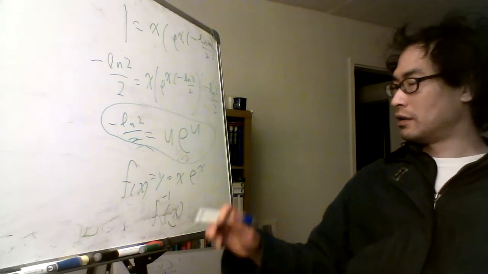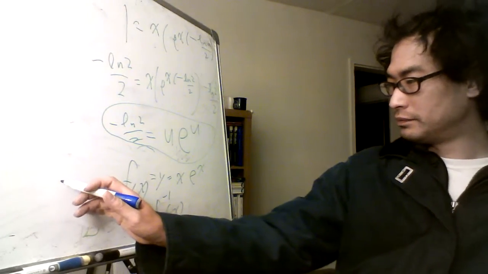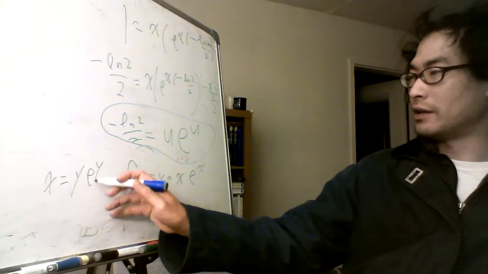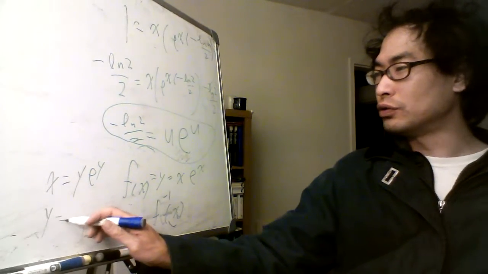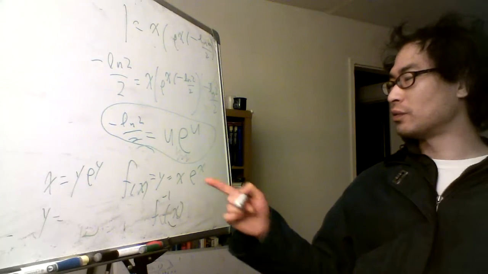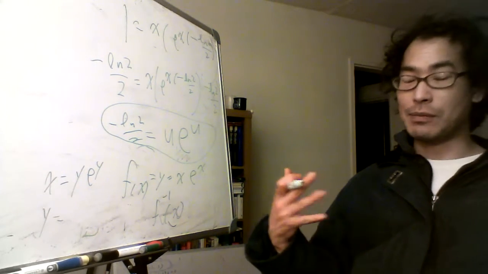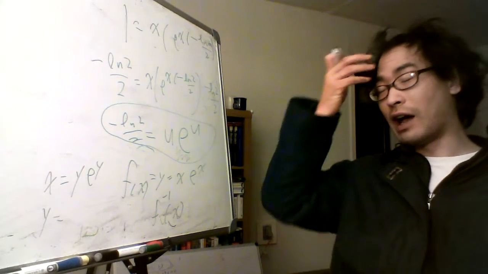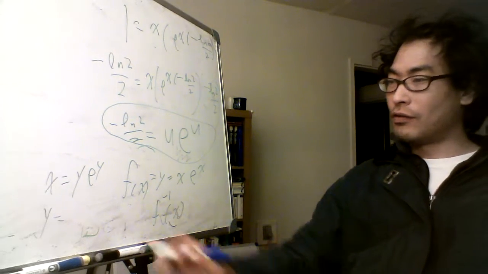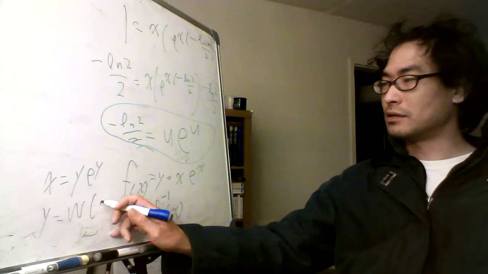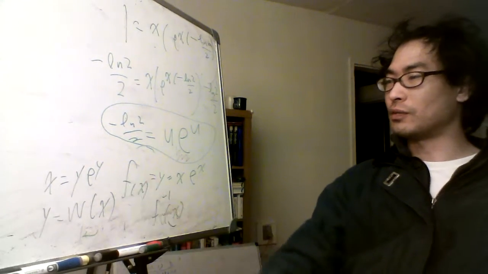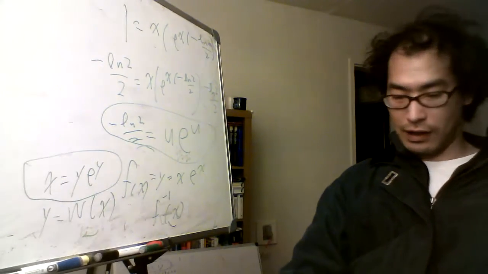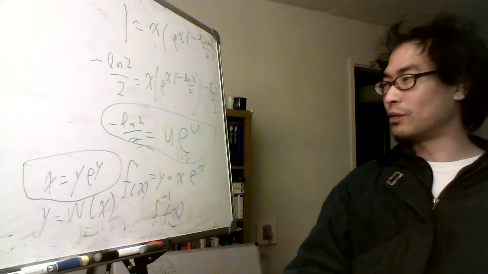Let's say x is equal to y times e to the y. y is equal to what? It's the inverse function of that, and that's not algebraically expressible. That's where Langmuir comes in. We call it W of x, the inverse function of that. And mathematicians, they don't know.